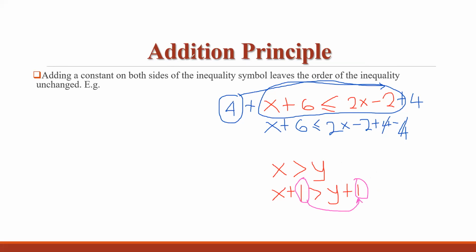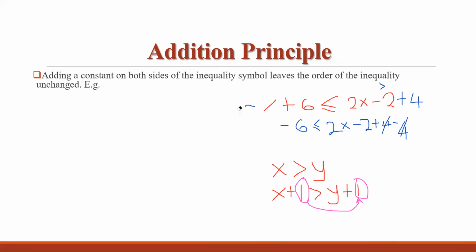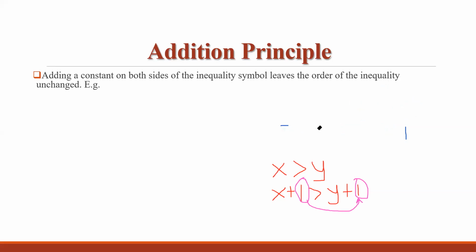The addition principle highlights that when you add a constant on both sides of the inequality symbol, it leaves the order of the inequality unchanged. That is the addition principle.